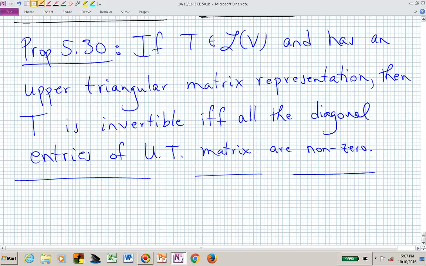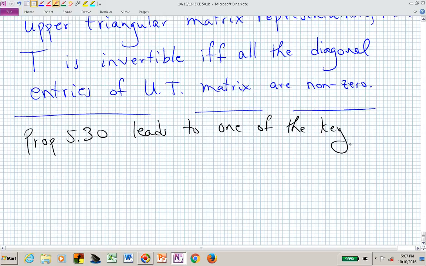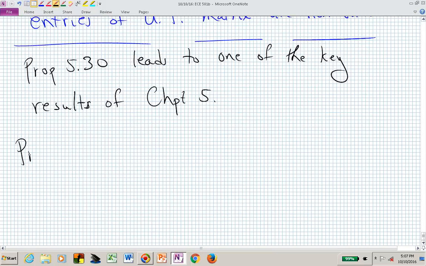So let's look at what proposition 5.30 leads to in terms of another proposition. Proposition 5.30 leads to one of the key results in all of Chapter 5. And that's the following, which is proposition 5.32.